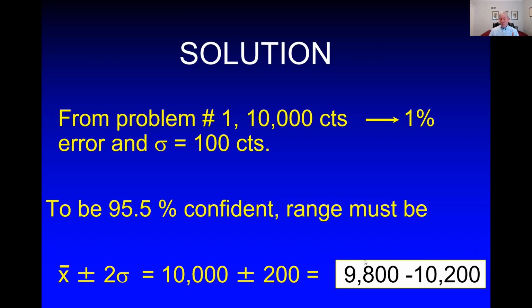That means that if we are in this range, we are 95.5% confident that we're counting with a 1% error. So mathematically, it's a double problem, because if you're told 1%, you have to back calculate and determine this number and then do this math.